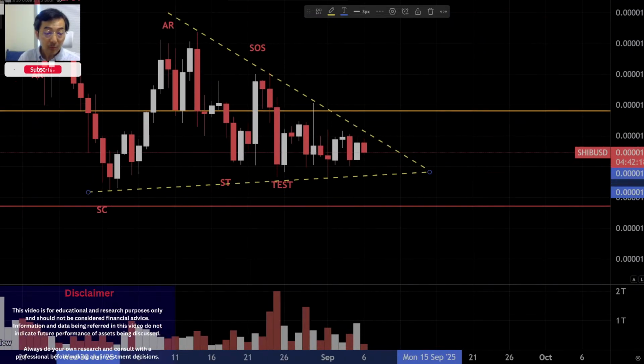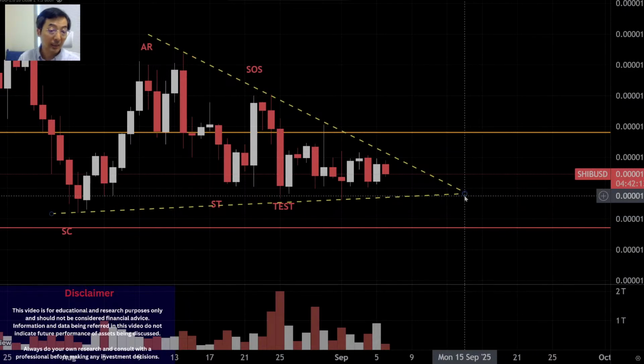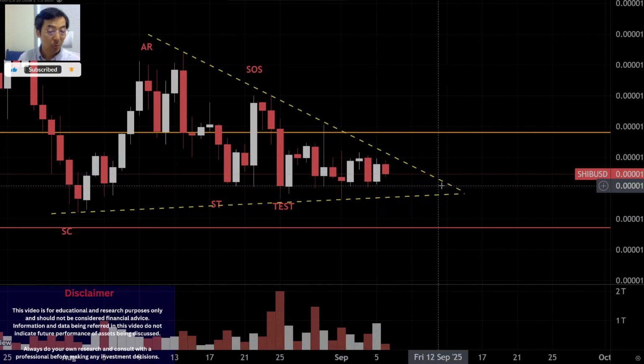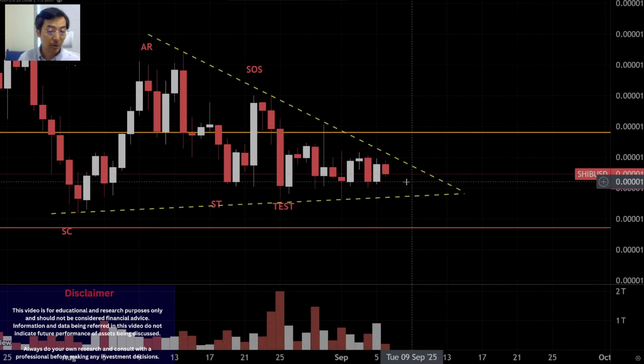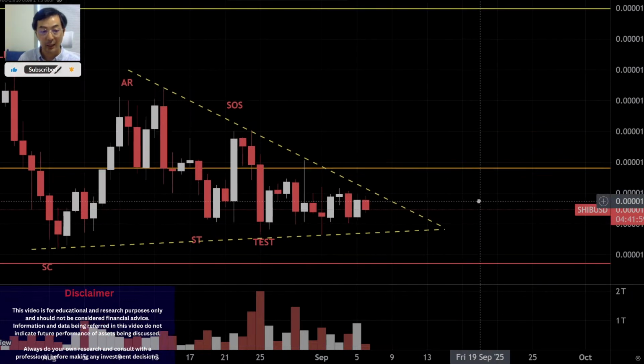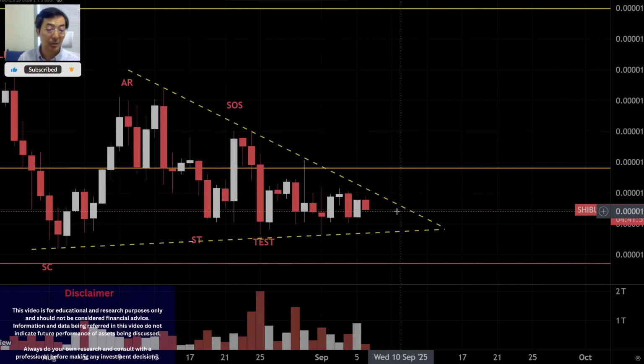So when a breakout happens, I would say 70 to 80% of the time, it doesn't wait till the very tip for the breakout to happen. It happens way before the tip. So from now till then, we have only 1 week basically. And the breakout is going to happen in the next few days.